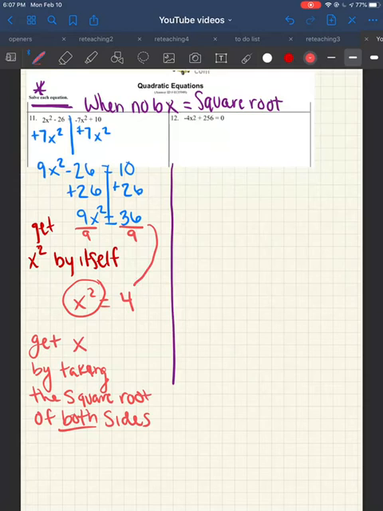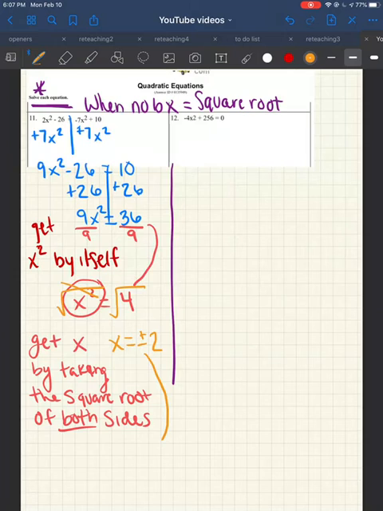Okay, so that will be like this, square root that, square root that. Okay, this will get the square root of 4, which is plus or minus 2.